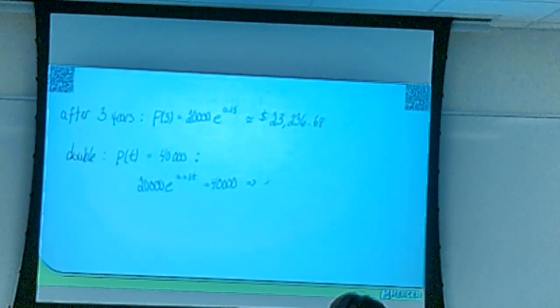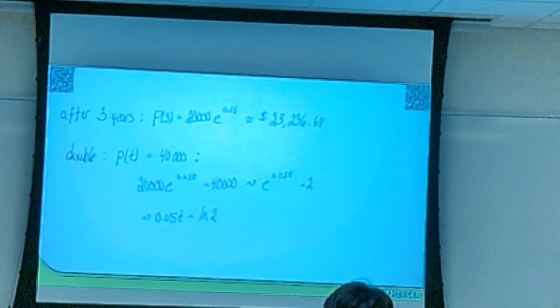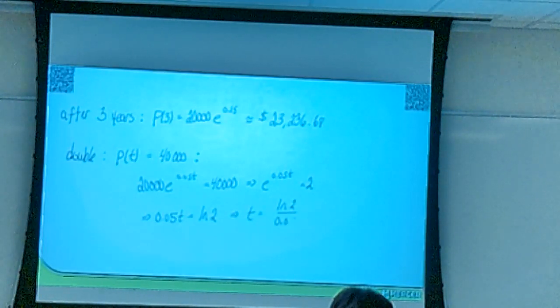That means we need e to the 0.05t to be 2. 0.05t would have to be log of 2, or t is log of 2 divided by 0.05. Which is 20 log 2.